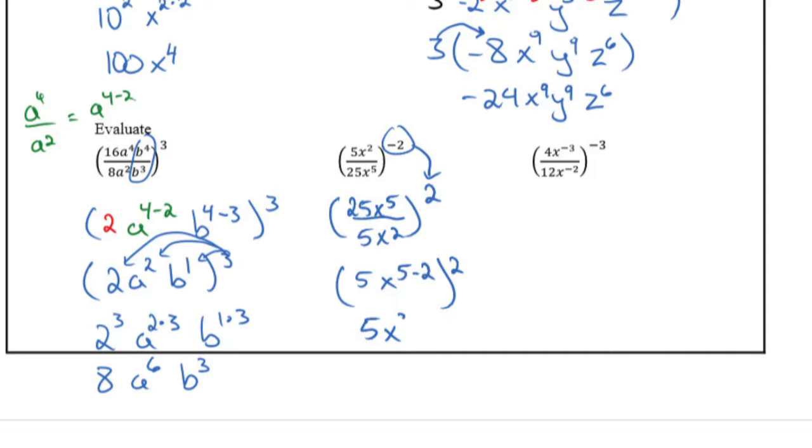I get 5x cubed, and both things inside of my bracket get the exponent of 2. 5 times 5 is going to give me 25. I guess I can do it in 2 steps. 5 squared, and then x to the 3 times 2. 5 squared is 25, and 3 times 2 is going to give me 6.